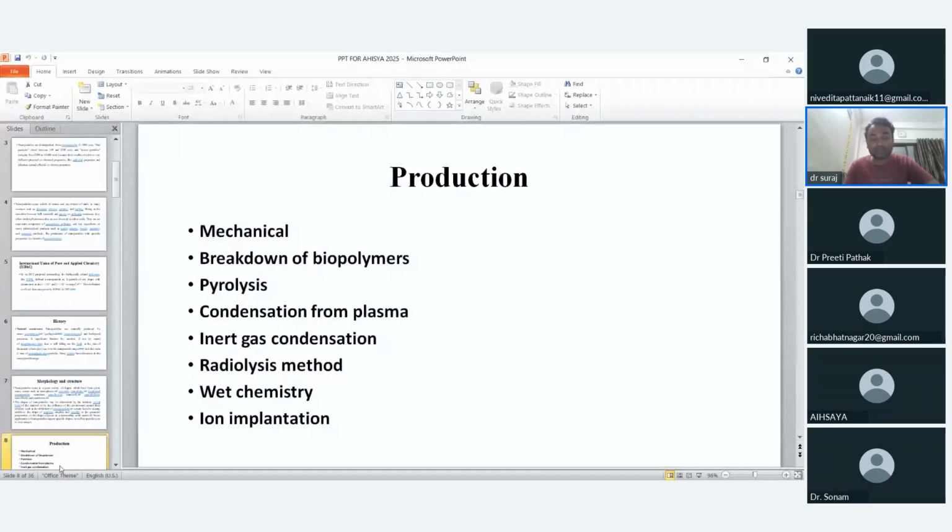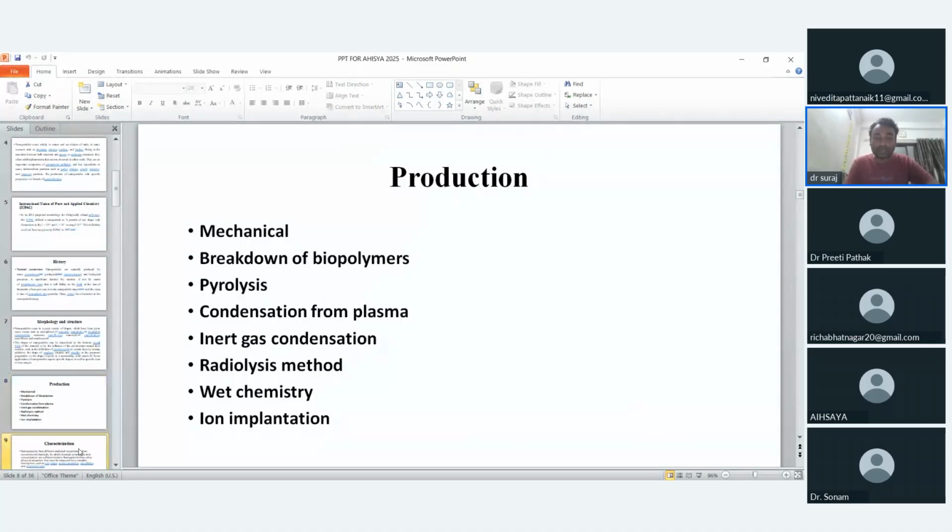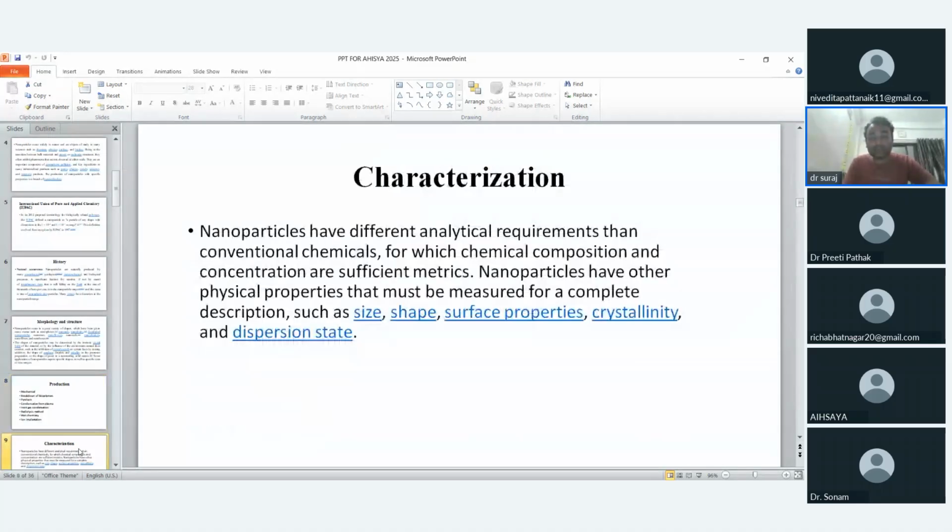So there are some other processes through which we are going to synthesize these nanoparticles in the field of medical science. Characterization: these nanoparticles are different in their analytical requirements than conventional chemicals, for which the chemical composition and the concentration are sufficient metrics.